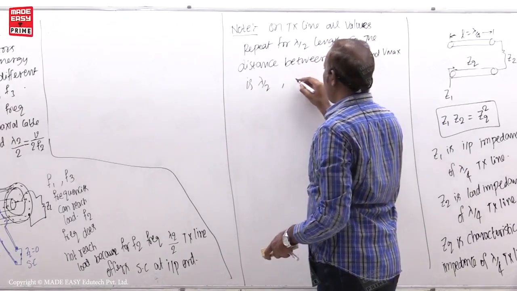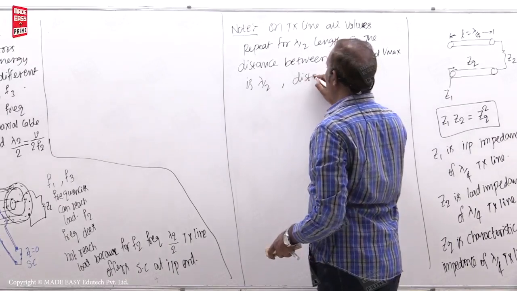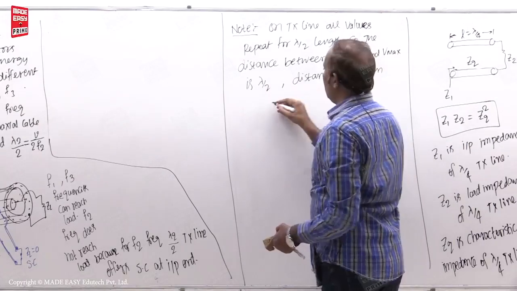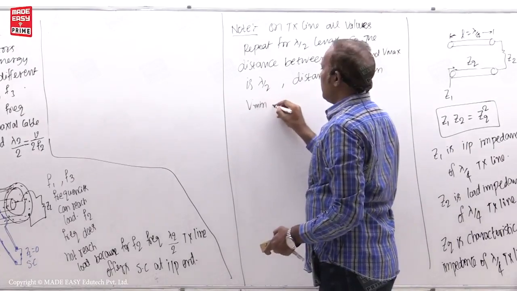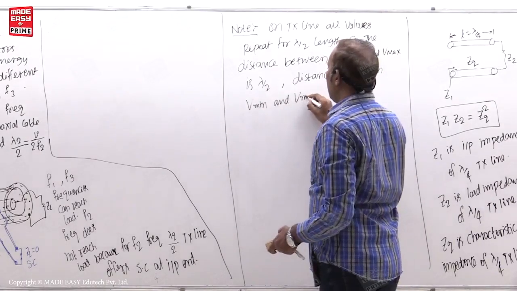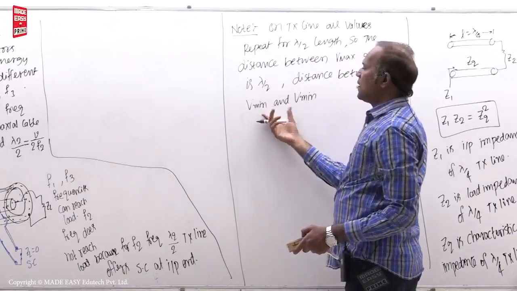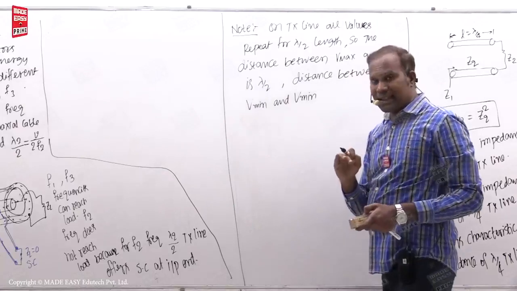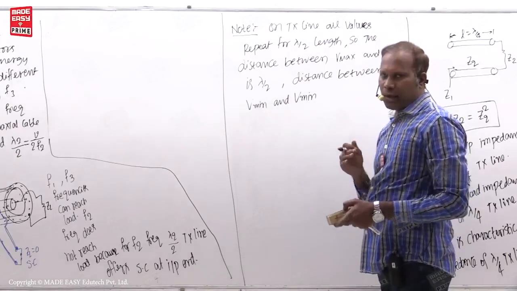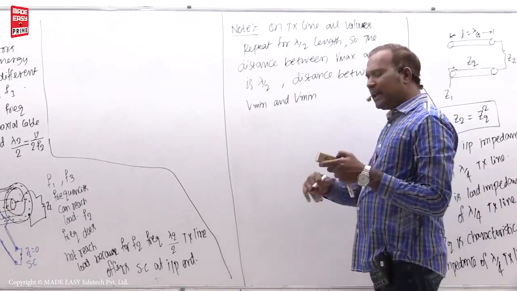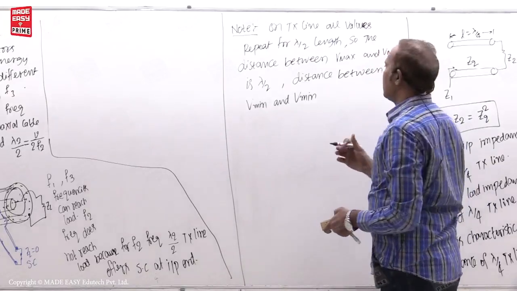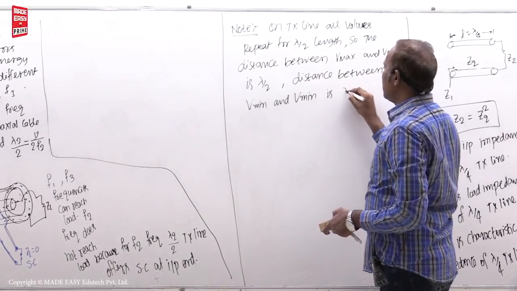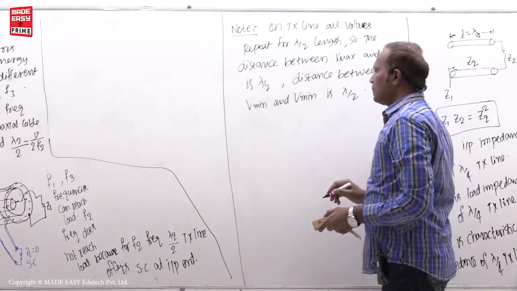The distance between V minimum and V minimum, that means two successive V minimum. This is called two successive V maximum. Successive means first V maximum, then immediately the next V maximum. Distance between V minimum and V minimum is lambda by 2.